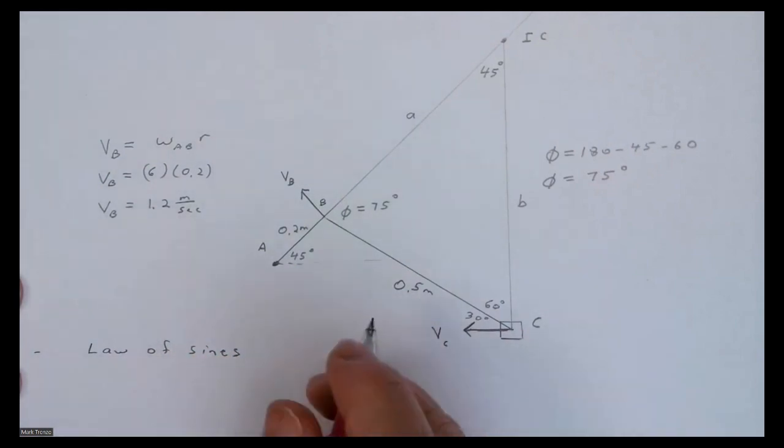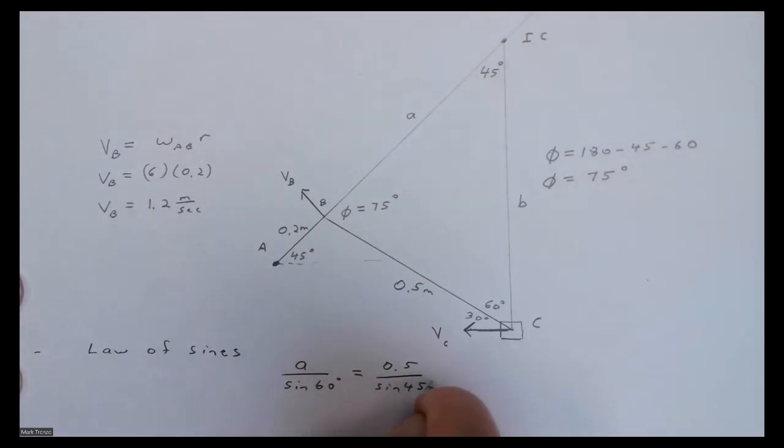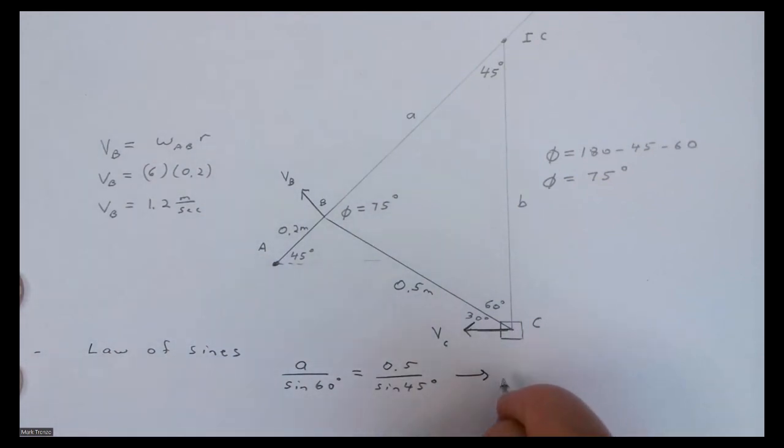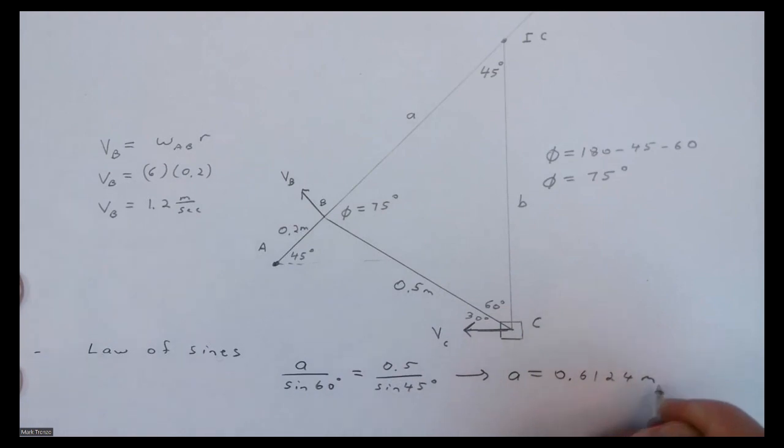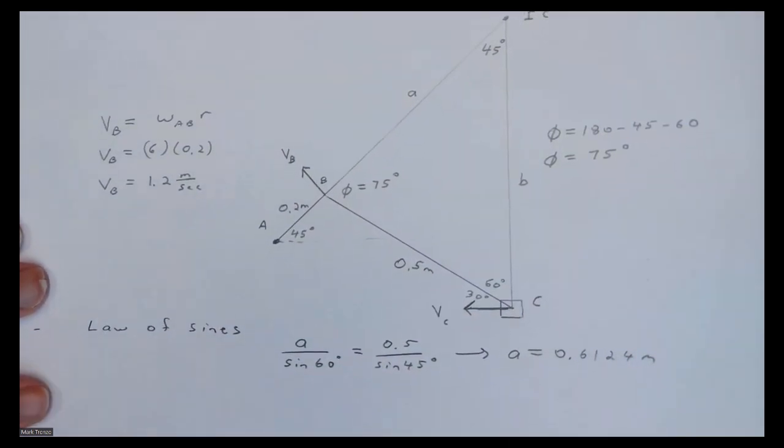So we can use the law of sines: sine 60 degrees is equal to 0.5 over sine 45 degrees. And when you solve for A, you get A to be 0.6124 meters.